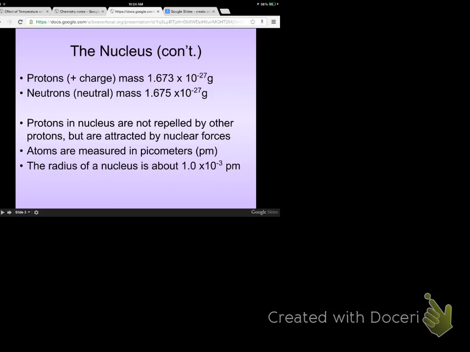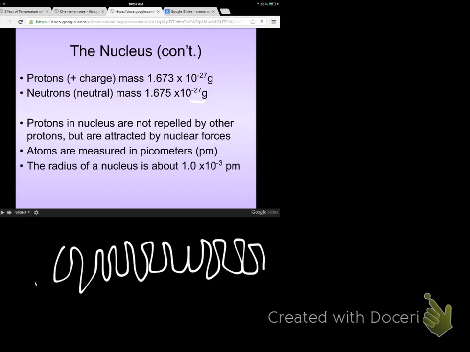So, what do you notice about the mass of a proton and the mass of a neutron? They're very, very, very close. I mean, this is times 10 to the negative 27th. So we're talking about a whole lot of zeros.